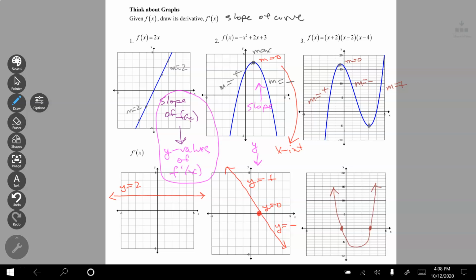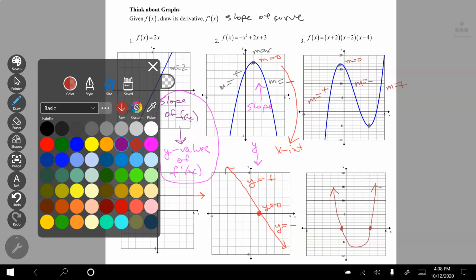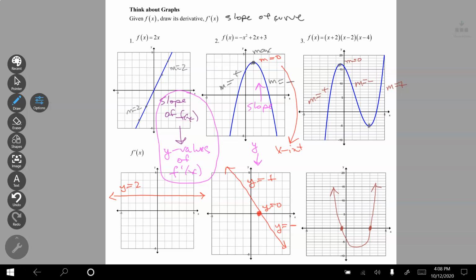And it's okay, it's not perfect. But if you look carefully, these are positive y's. Right here is y equals 0. These are negative y's. Back to y equals 0.